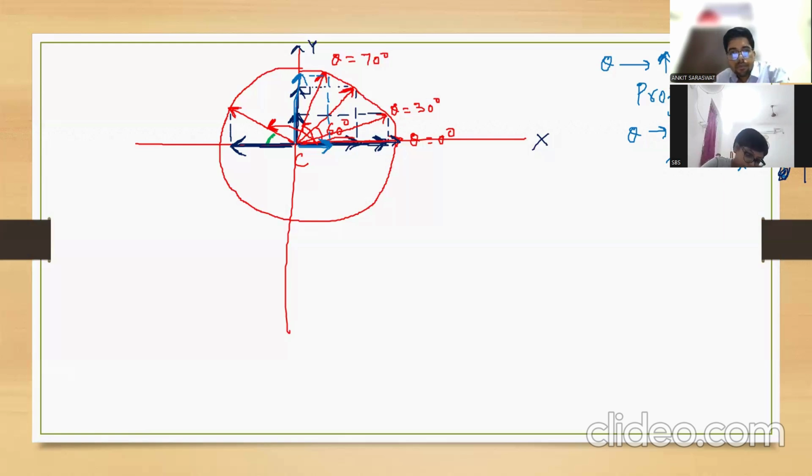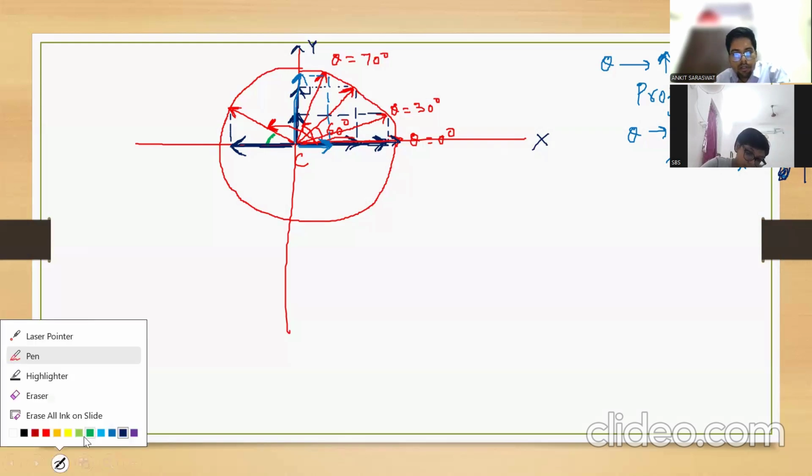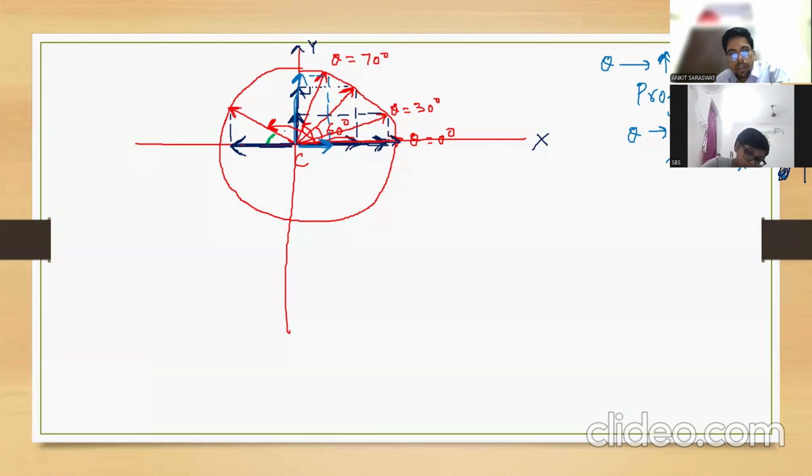Now see very carefully. For this angle we have found that the projection on the x-axis will be like this. Clear? Now the projection on the y-axis will be like this.